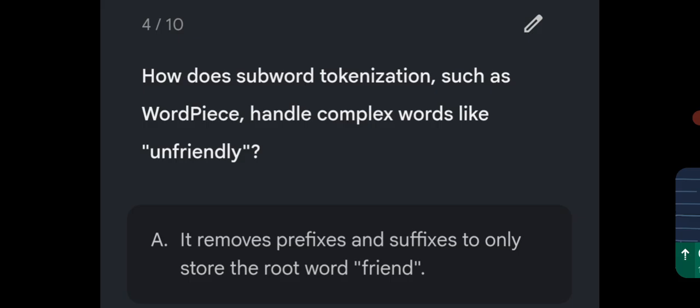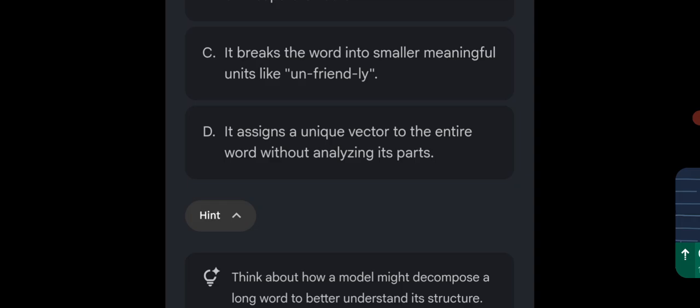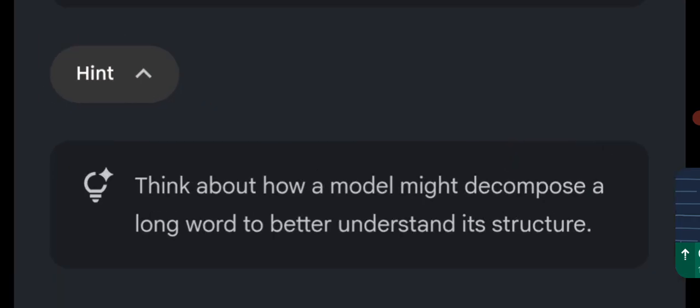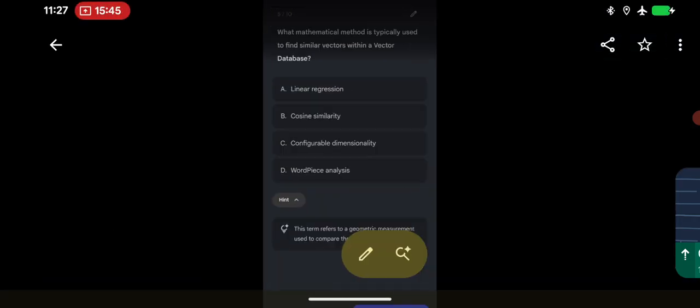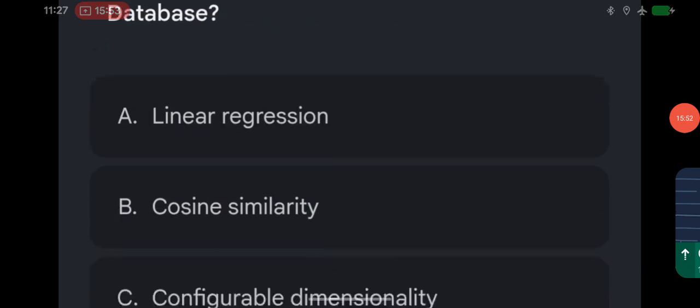How does subword tokenization such as WordPiece handle complex words like unfriendly? Here are the options, and here is the hint. What mathematical method is typically used to find similar vectors within a vector database?